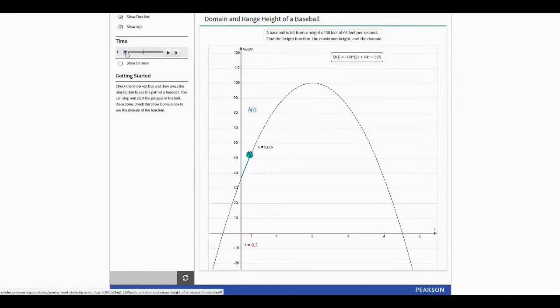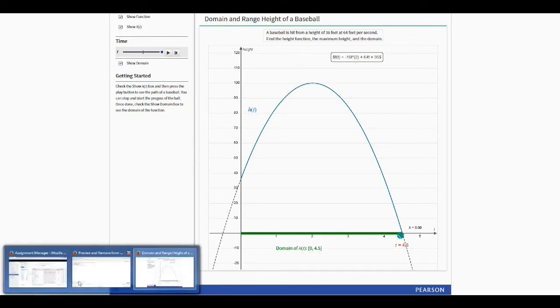So you click up here and hold down the mouse and drag it along, and you'll see that we're going to t equals 4.5. So what that means is the domain is 0 to 4.5.